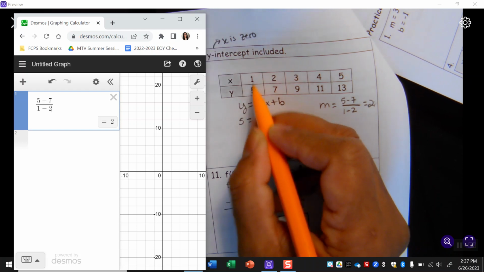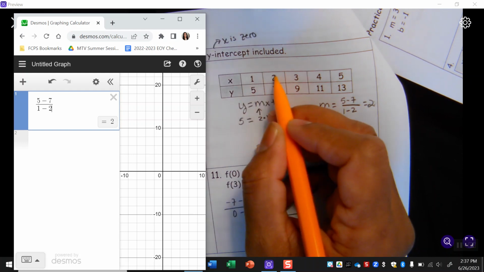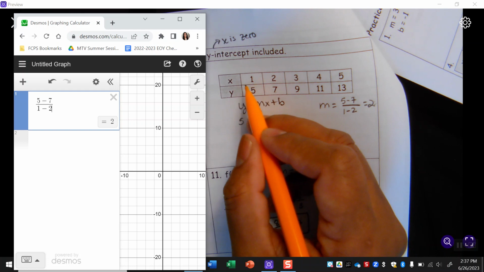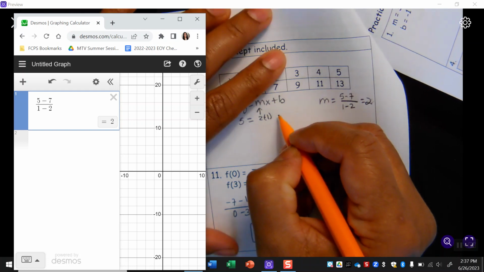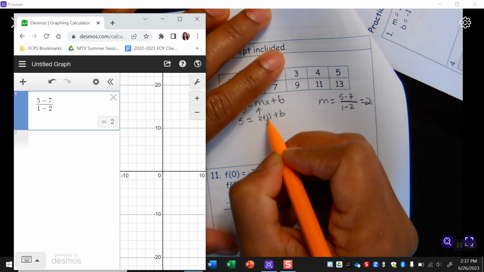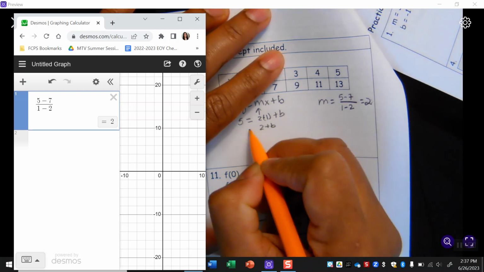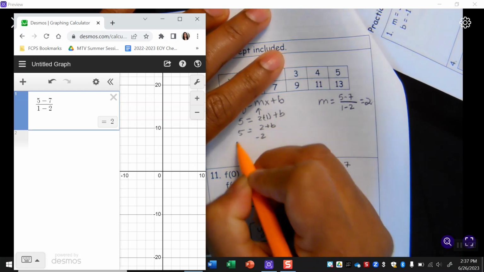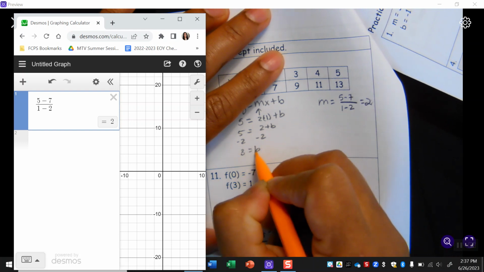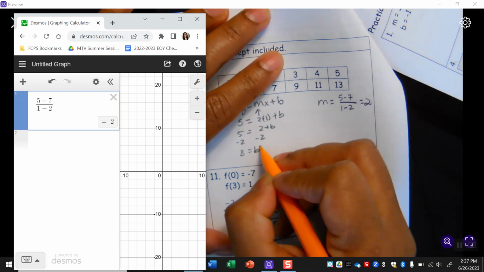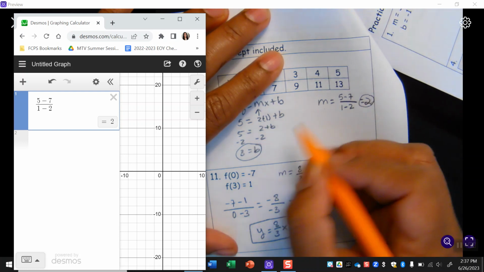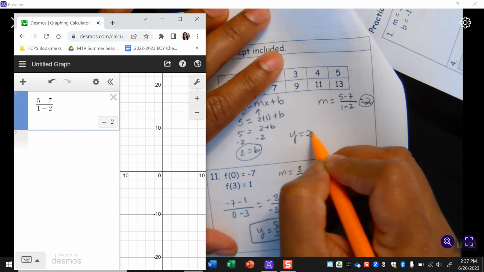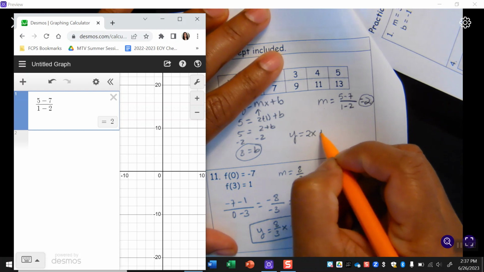You have to keep the same pair. I can't just use this 5 and then this 2. I have to use the ordered pairs. That's a multiply, times 1 plus b. So 2 times 1 is 2. Subtract 2, so that's 3 equals b. There you go. I have my slope and my intercept. So y equals 2x plus 3.